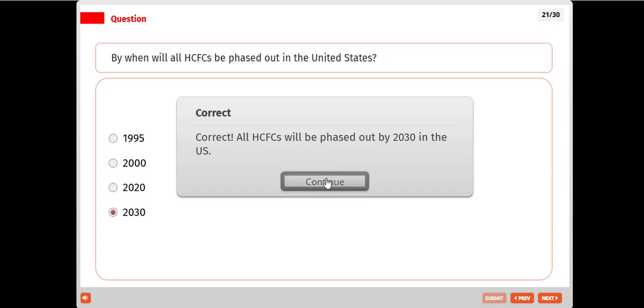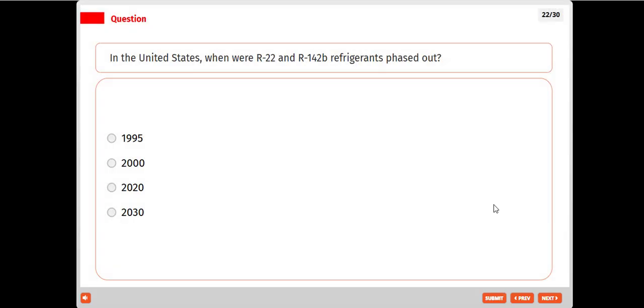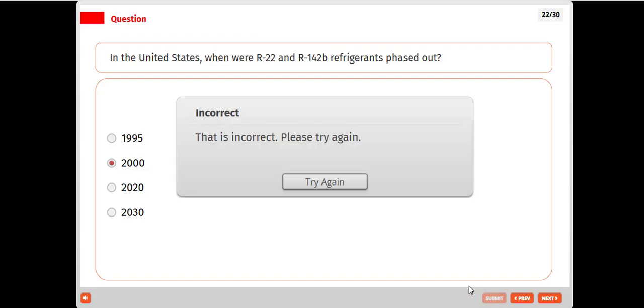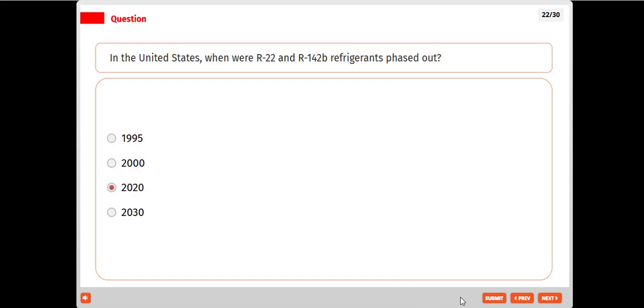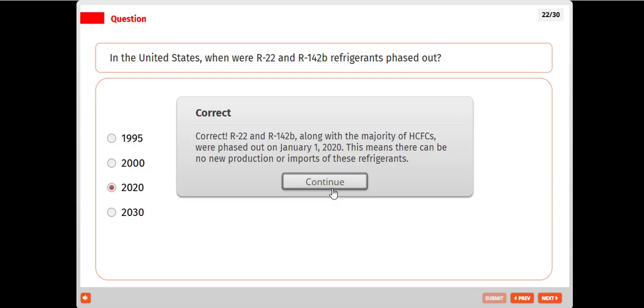Yeah. In the United States, when were R22 and R142B refrigerants phased out? It is R22 in 20, I don't remember, 2000, I think. No, it's like 2020. Yeah.